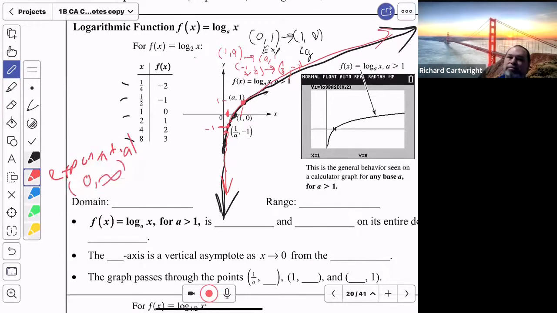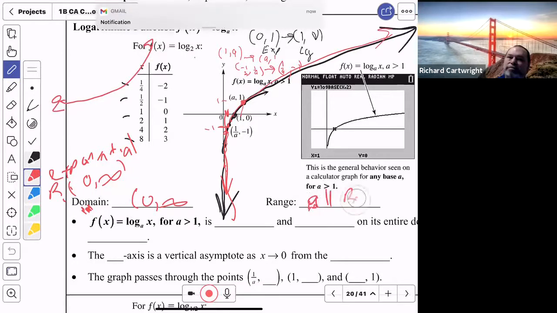So that must mean the domain of the log must be from 0 to infinity. Now the range used to be the domain of exponential. And the domain for exponential was all real numbers, because remember, it went all real numbers from the left to the right. So the range this time will be all real numbers.